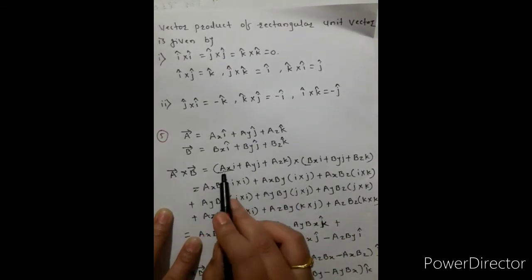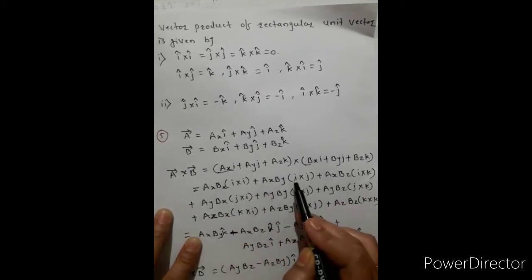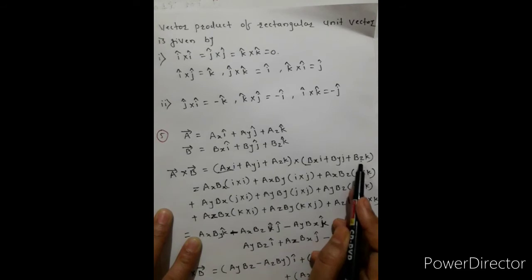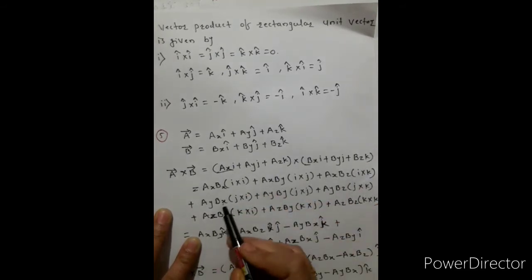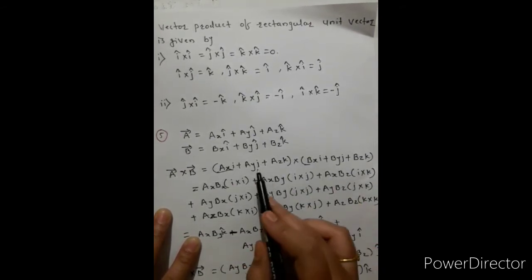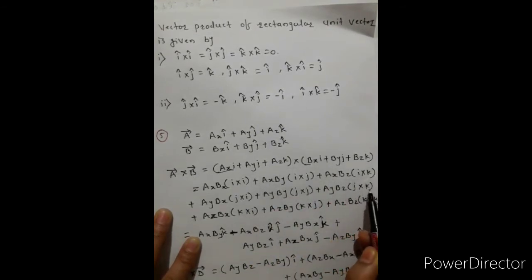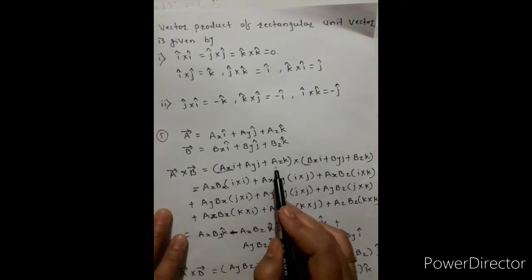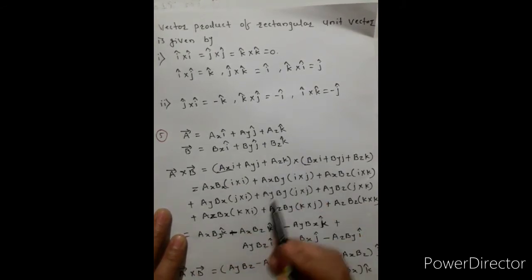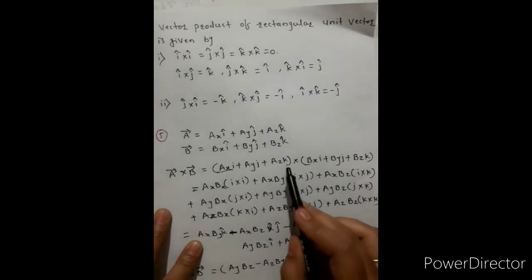That is ax bx I cross I, ax by I cross j, ax bz I cross k, plus ay bx j cross I, plus ay by j cross j, plus ay bz j cross k, plus az bx k cross I, az by k cross j, plus az bz k cross k.